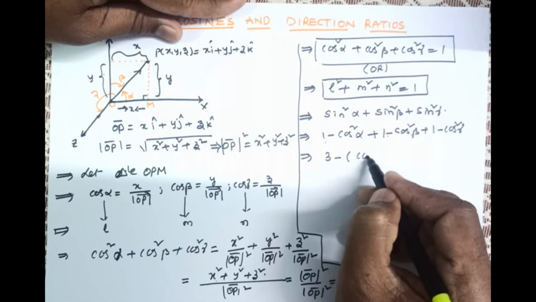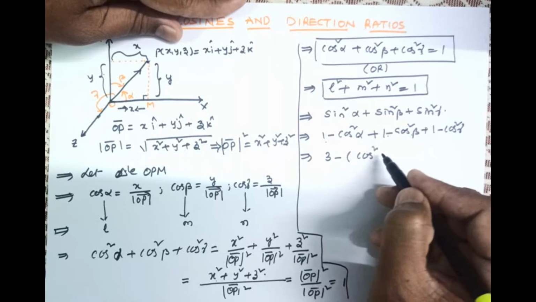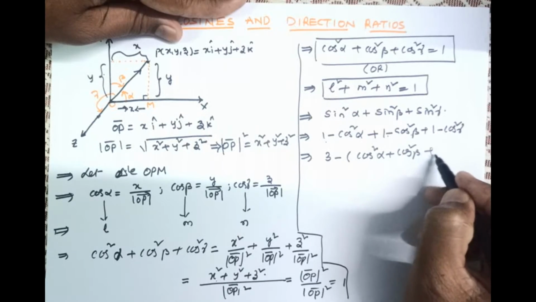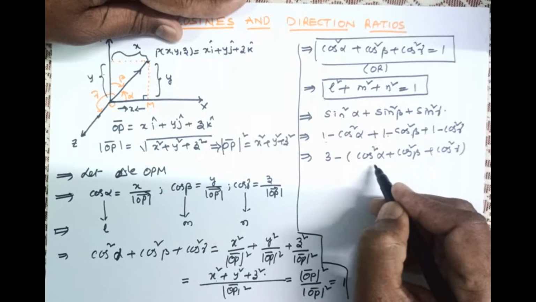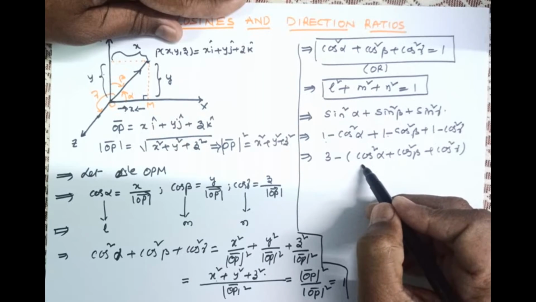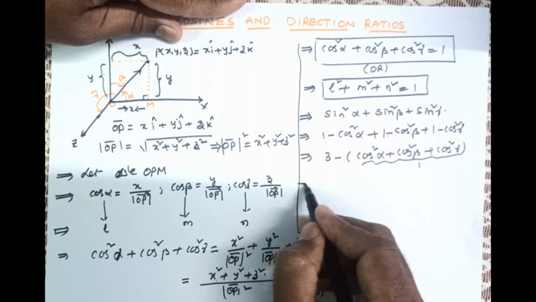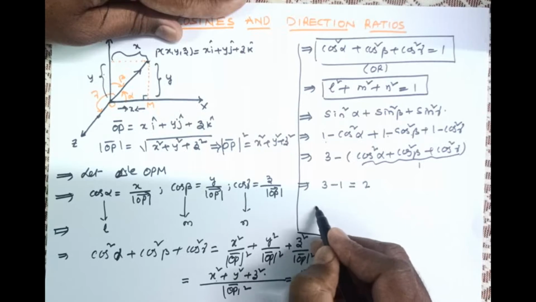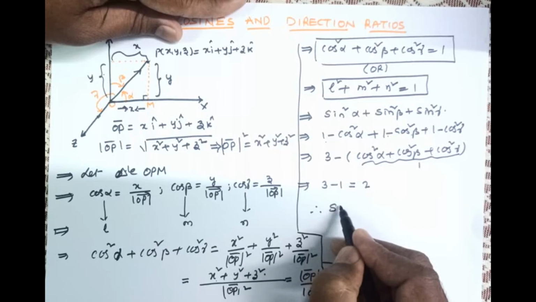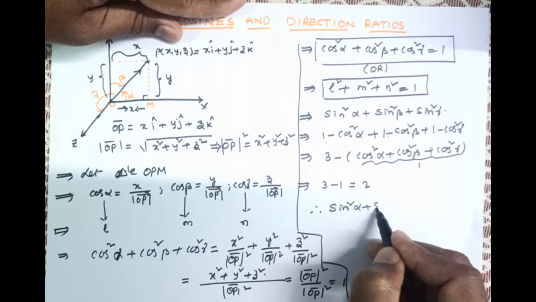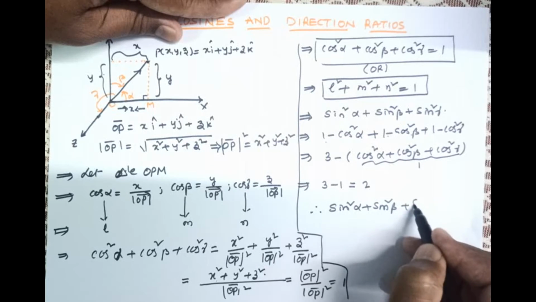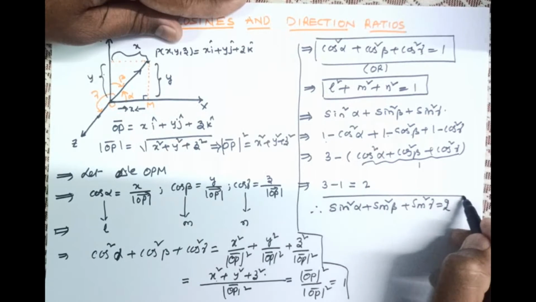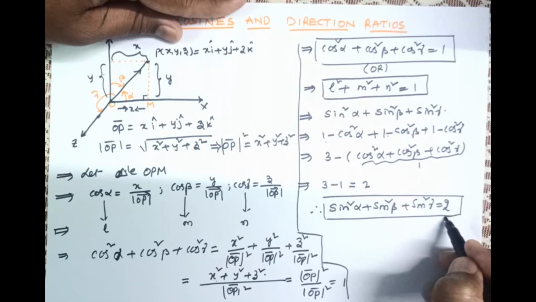Taking the minus common, it is minus of cos square alpha plus cos square beta plus cos square gamma. This value we already found is 1. So finally 3 minus 1 is equal to 2. So sin square alpha plus sin square beta plus sin square gamma is equal to 2. This is one important derivation we got.